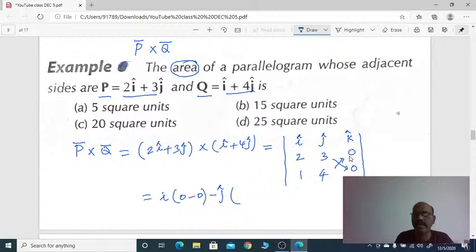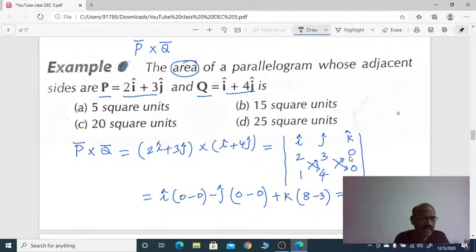Leave its line and multiply 2 into 0 minus 1 into 0, which is 0. Then plus k cap: 2 into 4 minus 1 into 3, which is 8 minus 3. The i cap and j cap terms are all 0, so only 5 k cap remains.